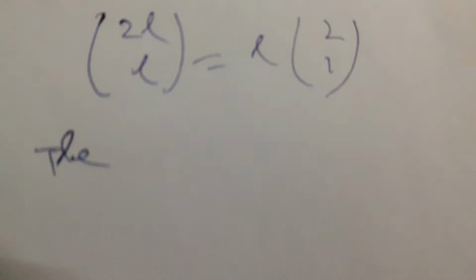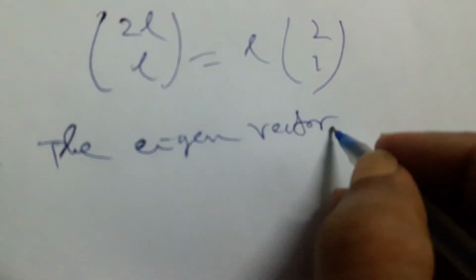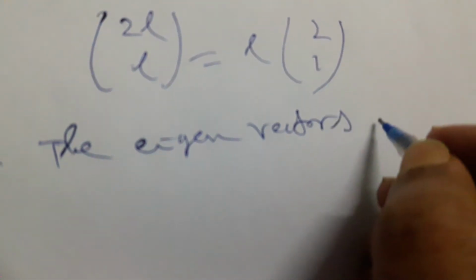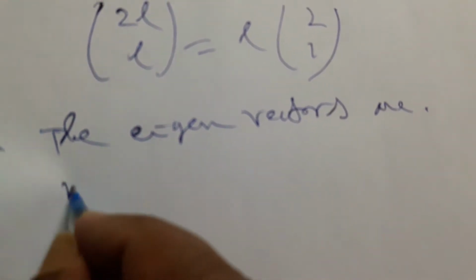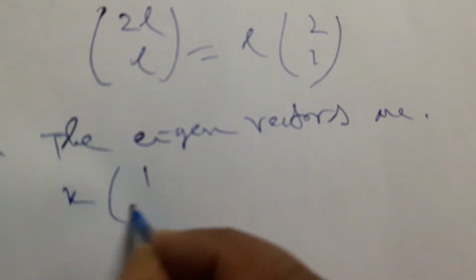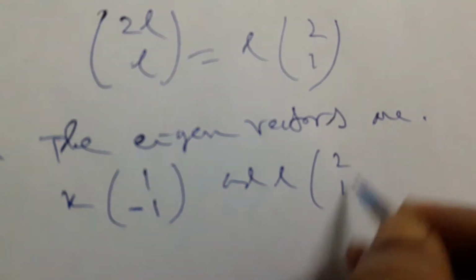So the eigenvectors are k into (1, minus 1), where k is any arbitrary scalar, and L into (2, 1).